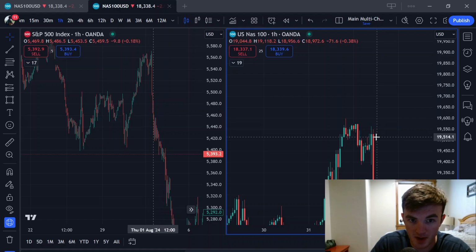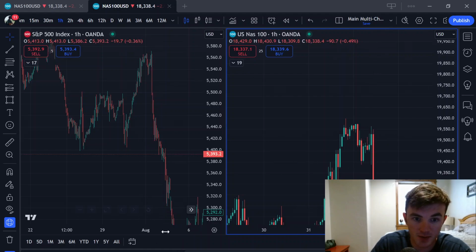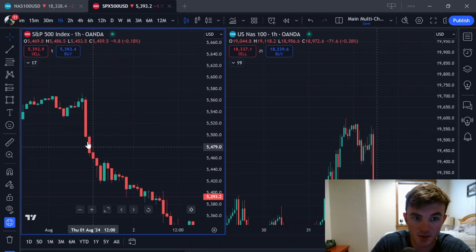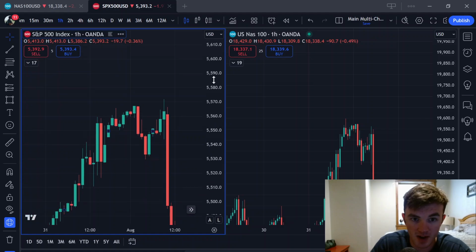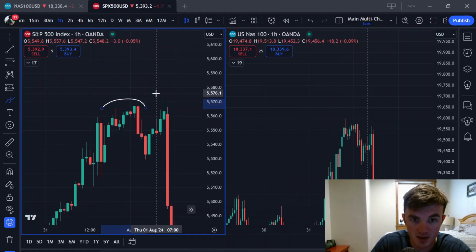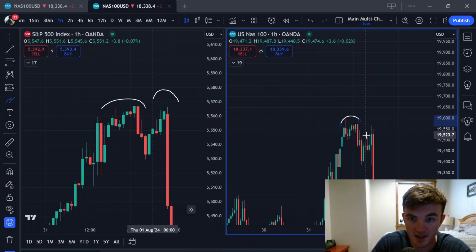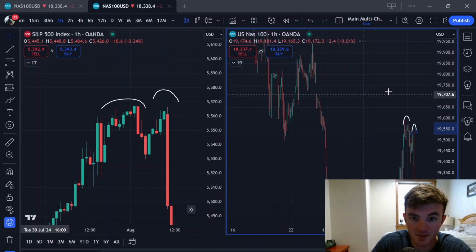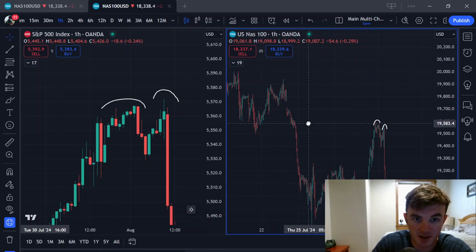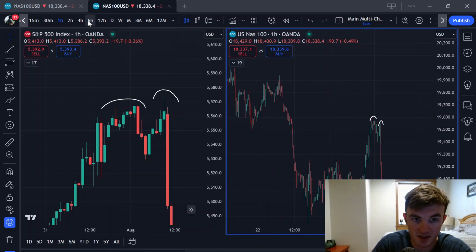Right before price had this giant dump, we had this break in correlation where the S&P formed a high and a higher high. The NASDAQ formed a high and a lower high. And then on the high time frame, I assume this was some kind of key level. Let's check it out.